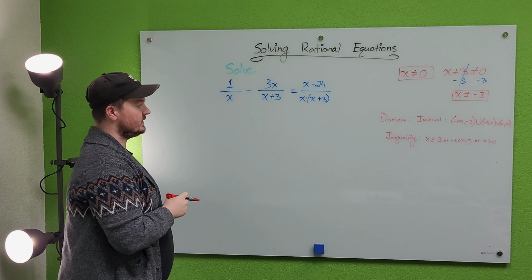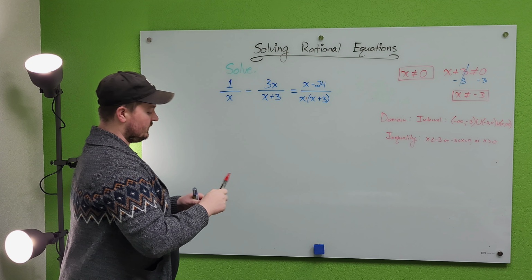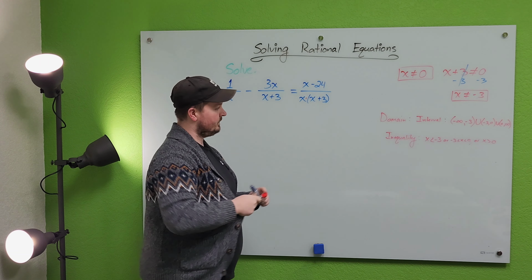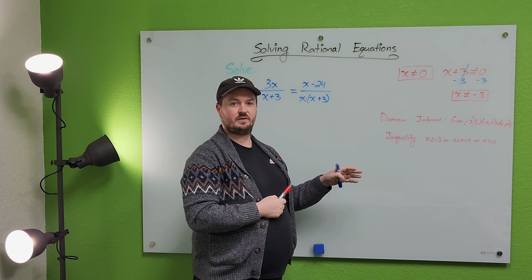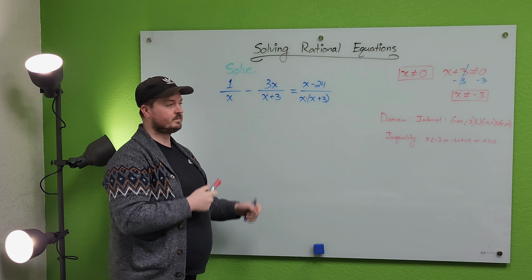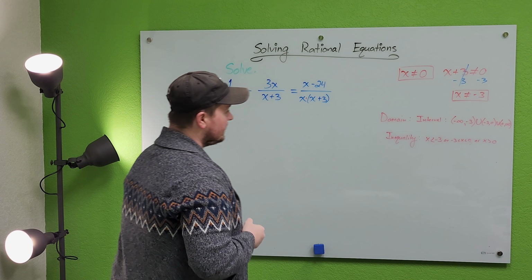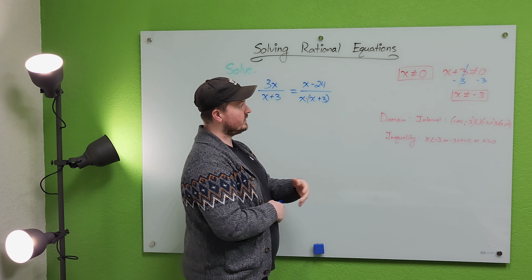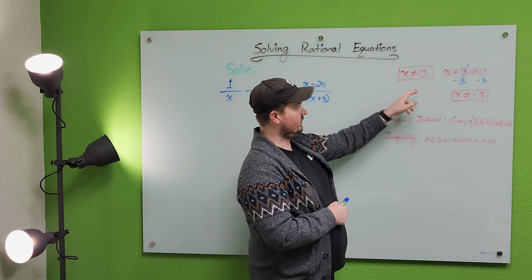So those are two different ways to state the domain. So quick refresher, the domain is all values that we are allowed to plug in for x. So now that we see the domain, more clearly we can see the two values we have to avoid.